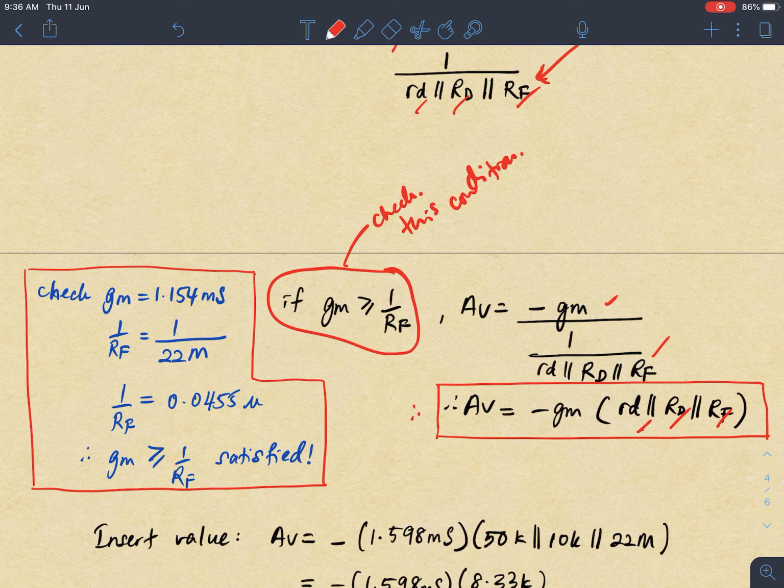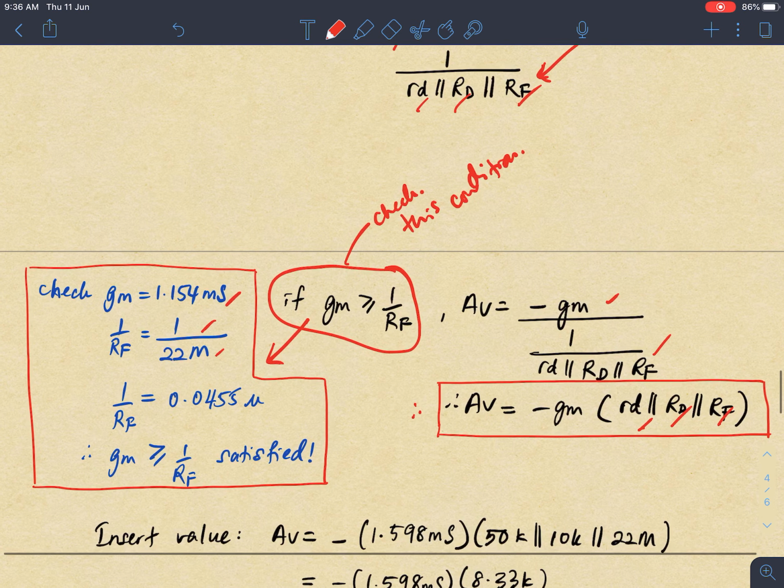Here I check this condition. I calculate like this. I get 1 over RF is 0.05455 millisiemens, where the GM is 1.598 millisiemens. So GM is greater than 1 over RF, so the condition is satisfied and I can use this equation.